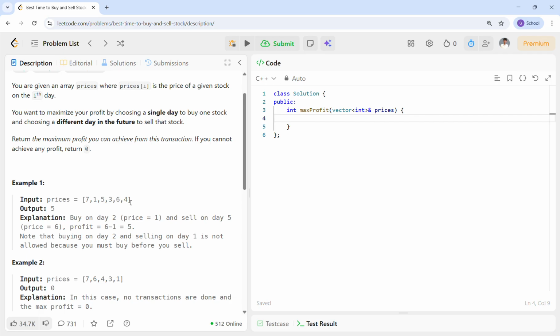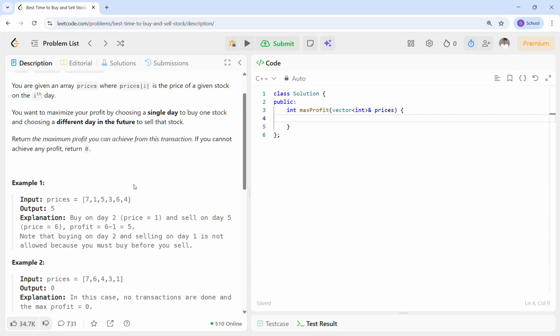If I buy at day one, I can't sell at day one. I have to sell at day two, three, four, five. Similarly, if I buy at day four, I can sell at five or six, none of the days before it.